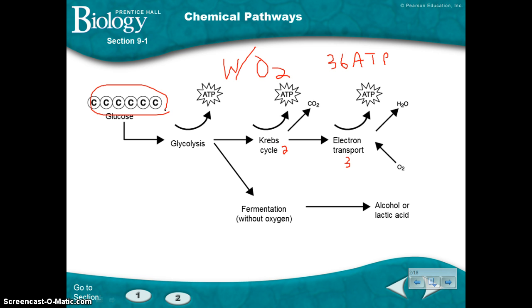If oxygen is not present in sufficient amounts, your body can also make ATP another way. And that's called fermentation. And it means without oxygen. Fermentation then will yield us 2 molecules of ATP.